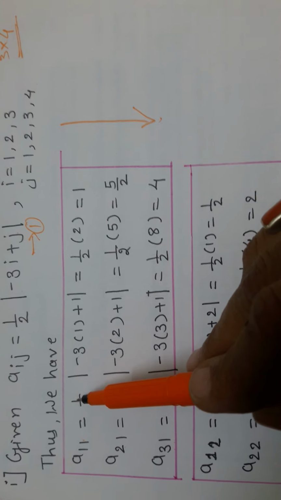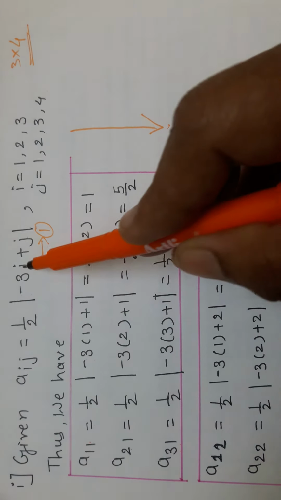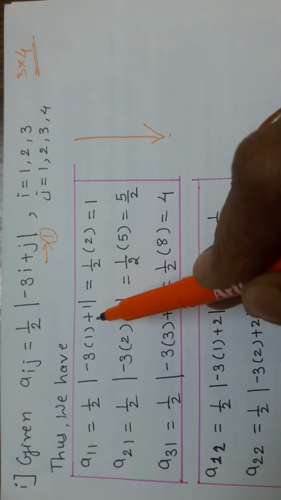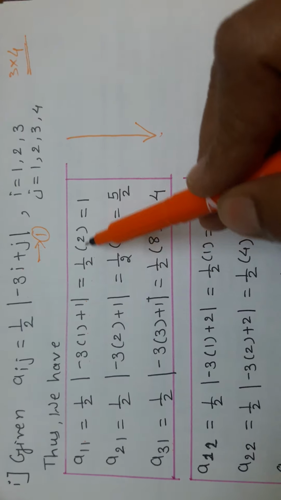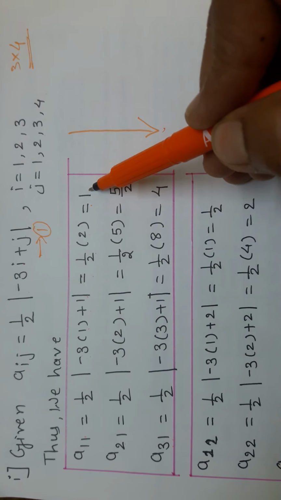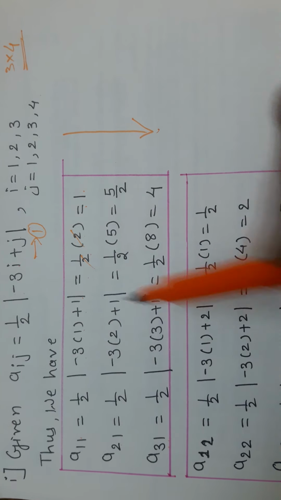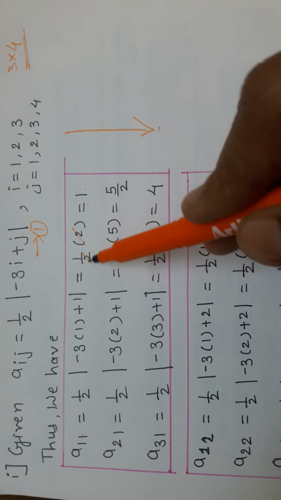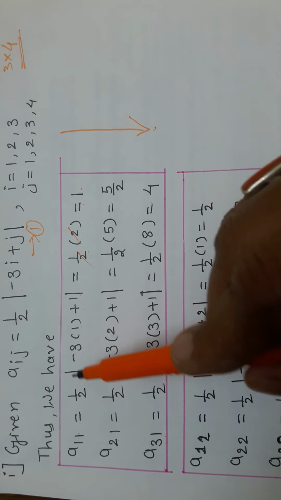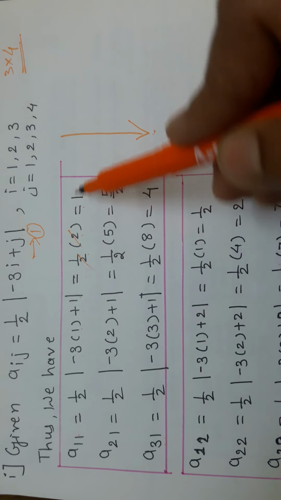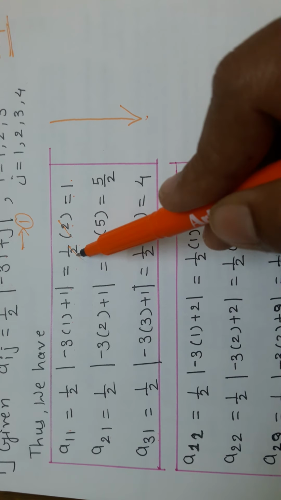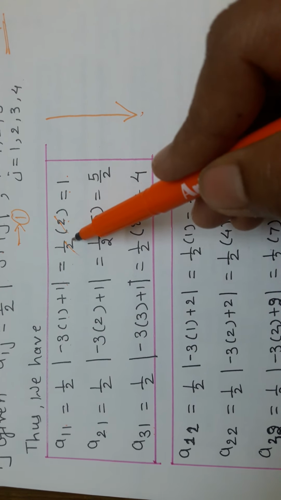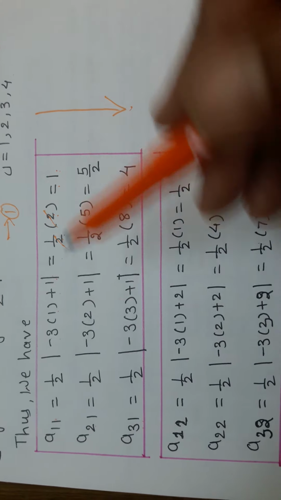So here we will get 1 by 2, minus 3 into what's the value of i, 1, plus 1. Here we will get 1 by 2 into 2, which is equal to 1, because 2 is going to cancel. And minus 3 plus 1 is nothing but minus 2, but mod of minus 2 is 2. That's why 1 by 2 into 2, the 2s cancel, we will get 1.